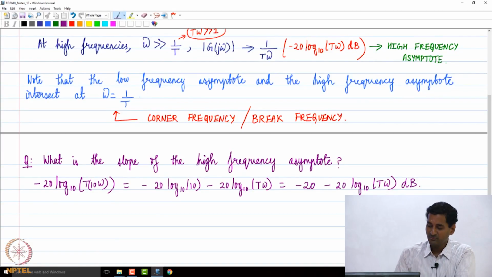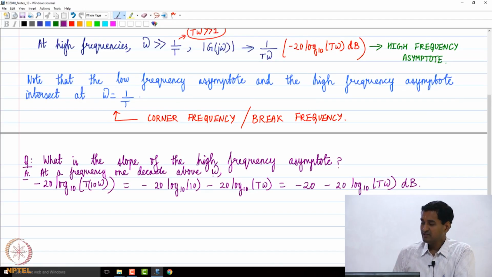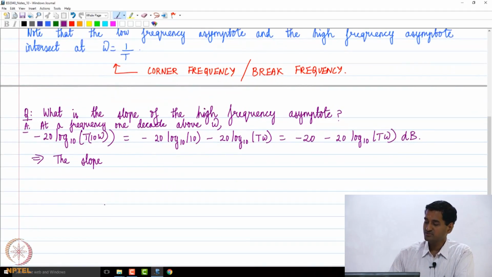So, what did I do, just to answer this more formally, at a frequency 1 decade above omega, this is going to be this. So, what do you think is the slope? The slope of the high frequency asymptote is going to be minus 20 decibels per decade. Why?